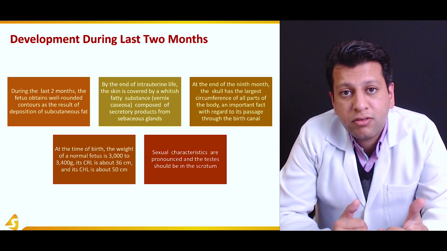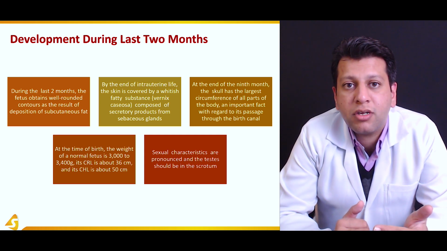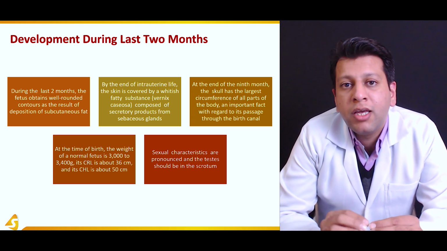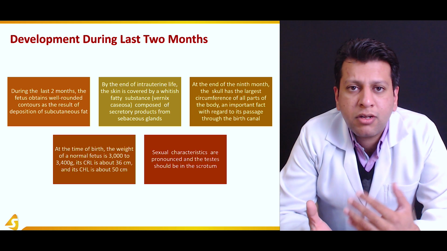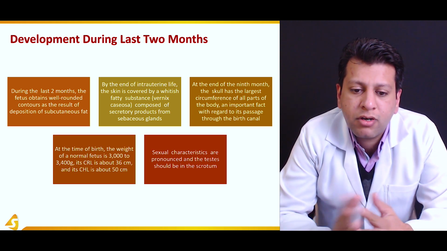So if the head is larger than normal limits, or there is a small birth canal volume, this will impede a simple vaginal delivery, and then it's up to the gynecologist or obstetrician to decide whether to proceed for a cesarean or not.